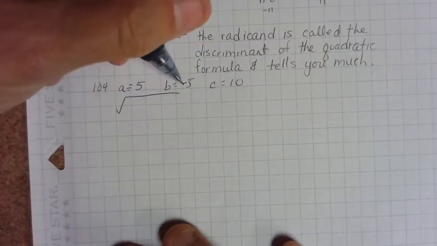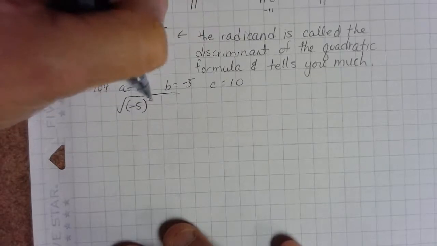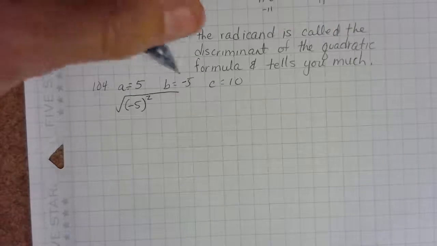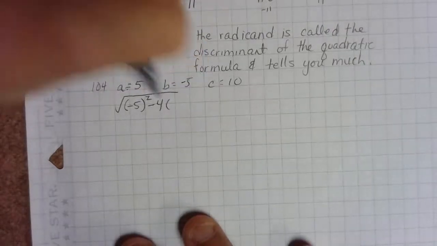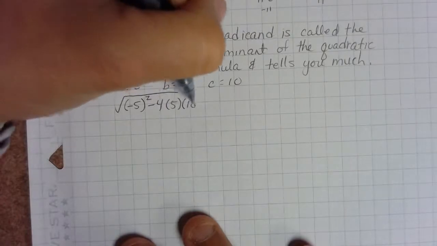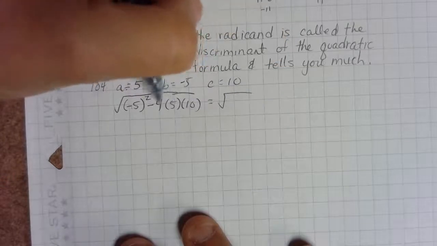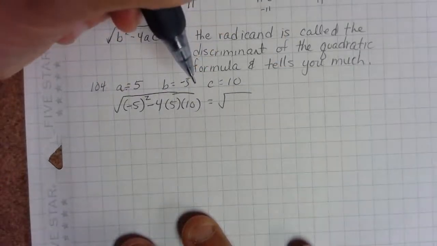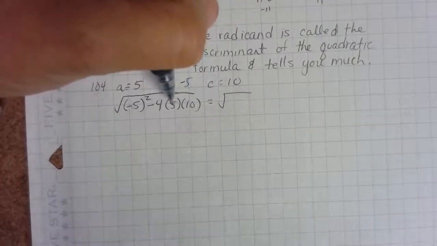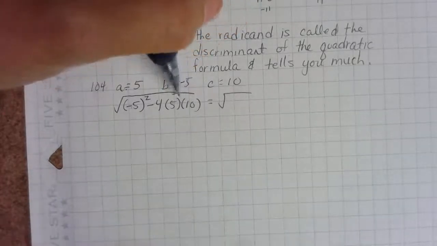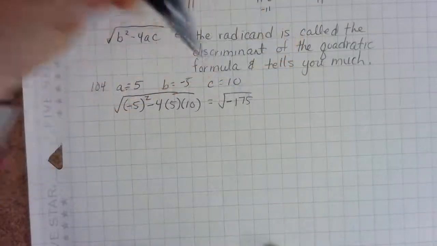When you square any number, it becomes positive. Be liberal with parentheses. I don't even write them down. I just automatically would have written down 25. Okay? Minus 4 times A times C. So we've got 25, and 20 times 10 is 200, so negative 175.